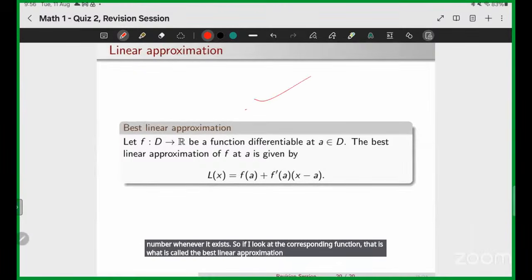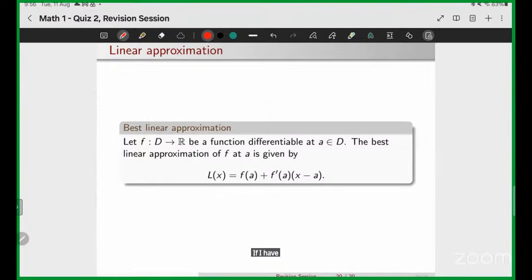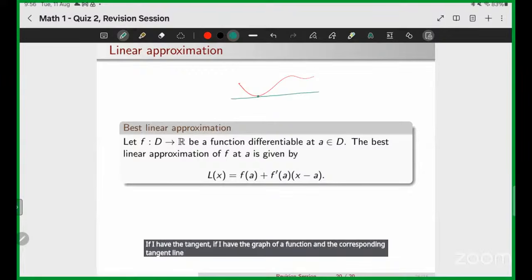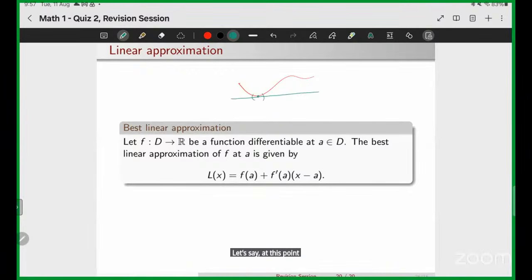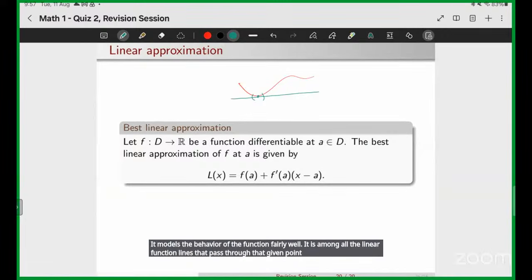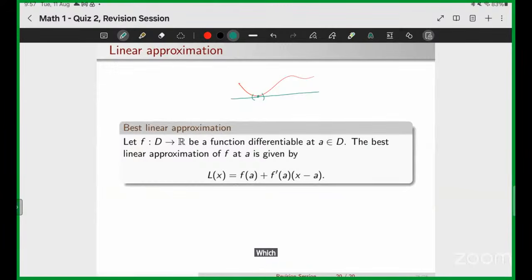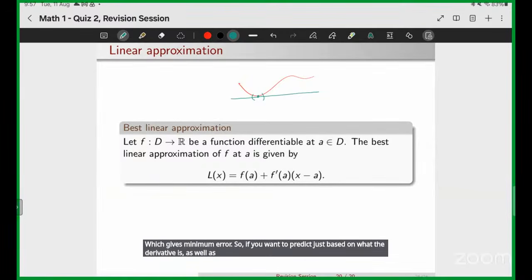If I have the graph of a function and the corresponding tangent line at this point, close to it, it models the behavior of the function fairly well. Among all the linear functions that pass through that given point, this is the best line, which gives minimum error. If you want to predict based on the derivative and the function value at a given point, this is the best function you can use.